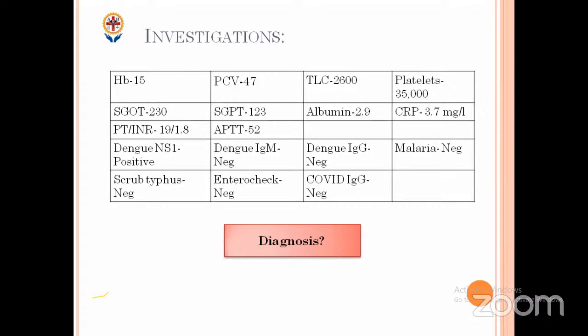Dengue NS1 rapid test is positive. So can we call it a confirmed dengue, or do you have to call it a viral illness with thrombocytopenia or viral hemorrhagic fever? We cannot call it a confirmed dengue right now. So we need to call it a viral hemorrhagic fever, but we can label it as probable dengue, and we need to confirm it.